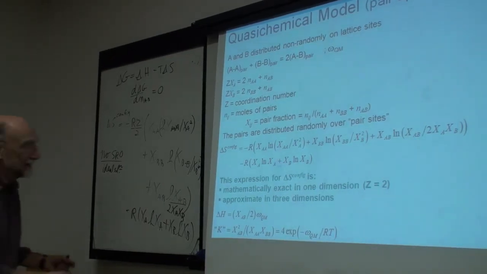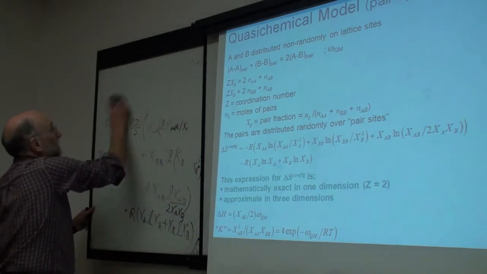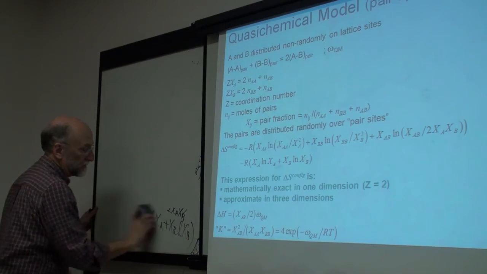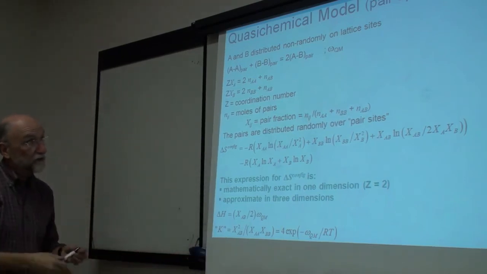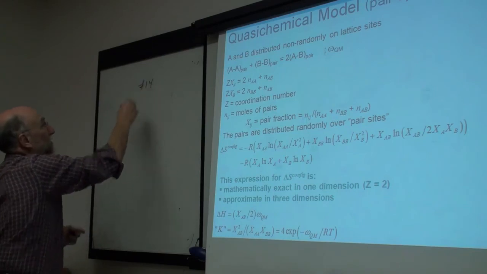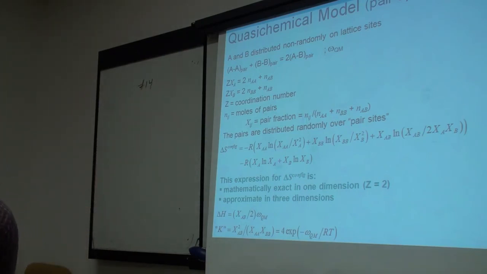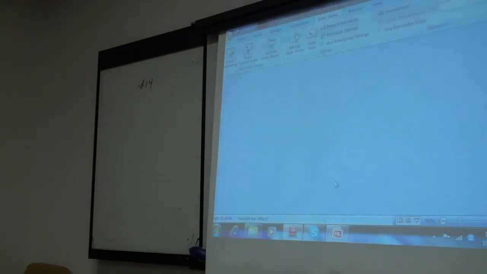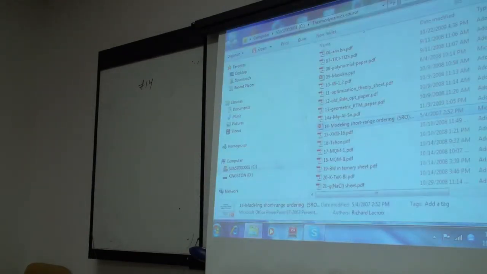Okay, homework. For next week, you might want to read the rest of slide number 14, because I'll be going over that. And you want to read the modified quasi-chemical model part 1, which is number 17.